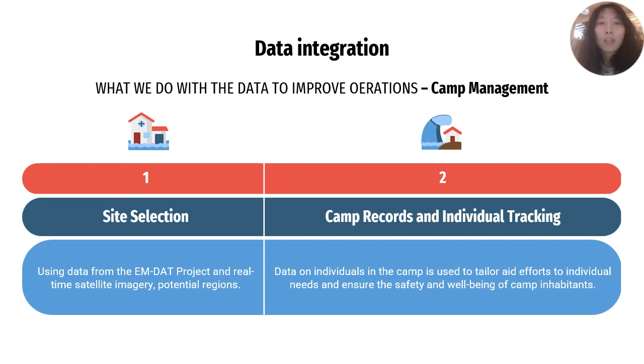Here we'll be using data from the EMDAT project and also some real-time satellite imagery, and potential regions for ACAMS are identified based on disaster type, terrain, and also some physical conditions based on the data that we collected. The second one is camp records and individual tracking. Here we'll be using data on individuals in the camp so that we can tailor aid efforts to individual needs and also ensure the safety and well-being of camp inhabitants.